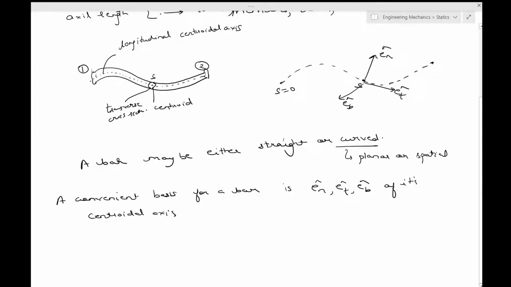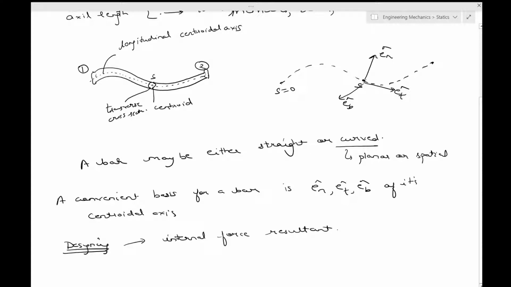Okay, so for the purpose of design, meaning the bar should be able to sustain a given amount of load, we have to find the internal force resultants. At any given point we should be able to find the internal forces, and that will help us gauge whether that particular point will remain safe under the application of that load.